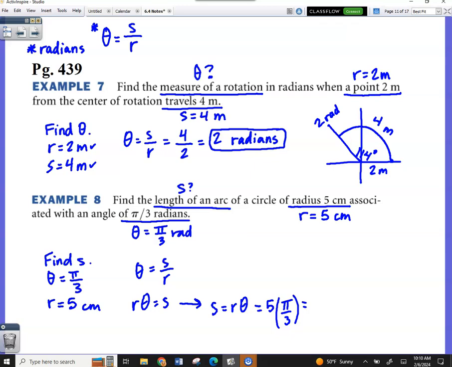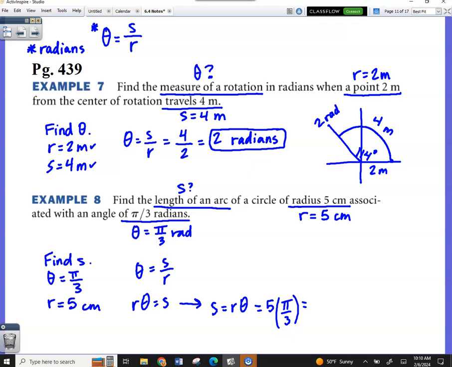So if I said 5 pi over 3, does that tell you the length of something? No, that's confusing and makes it sound like it's radian measure, right? So we need to type the whole thing in the calculator. Type it all in: 5 pi, arrow down, 3.